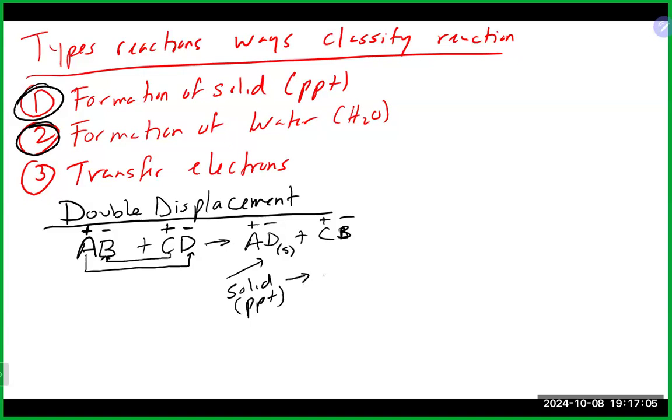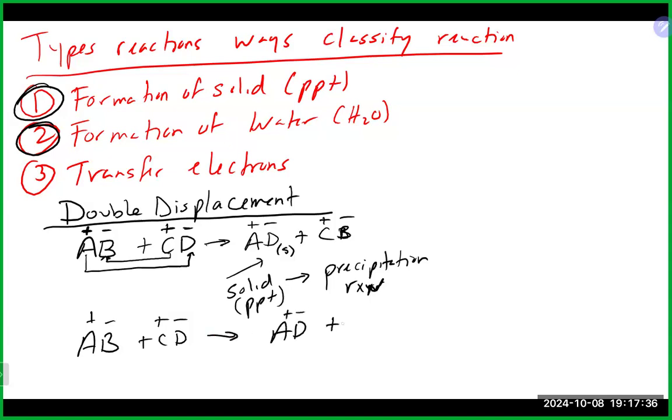And in that particular case, that would become a precipitation reaction, which is a more specific classification of a double displacement reaction. It's still a double displacement reaction, but people will call it a precipitation reaction because you made a solid. Now, the other thing that could happen in this sort of double exchange is that instead of making a solid, when these guys switch partners, one of them actually becomes water, and water is formed.